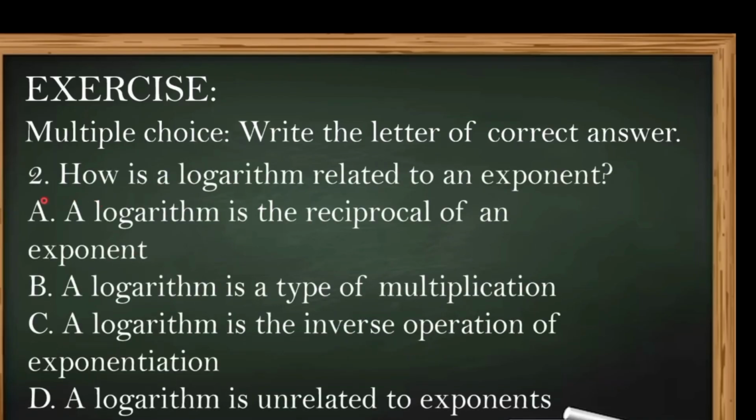Number 2. How is a logarithm related to an exponent? A, a logarithm is the reciprocal of an exponent. B, a logarithm is a type of multiplication. C, a logarithm is an inverse operation of exponentiation.